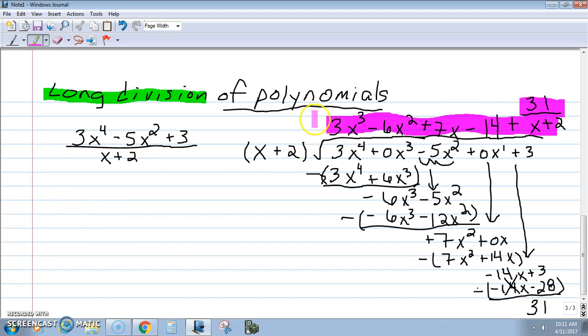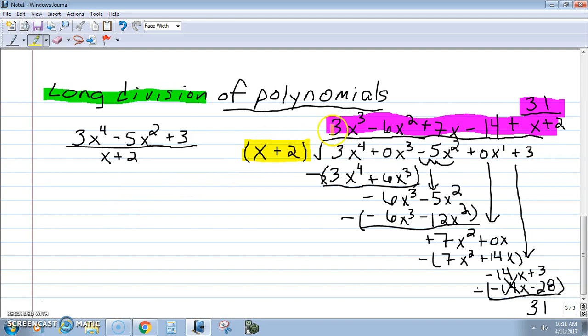What does that mean? That means if I multiplied that answer, the pink, times, I already used green. If I multiplied the pink times our divisor, I would get our dividend, right?